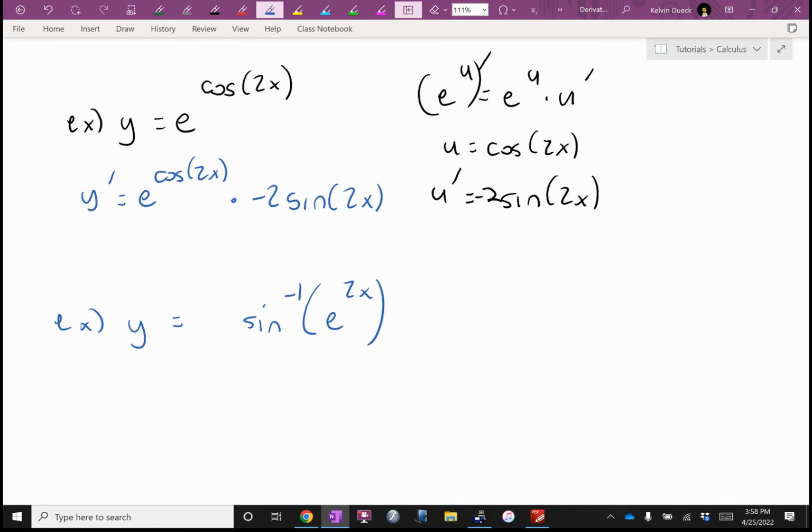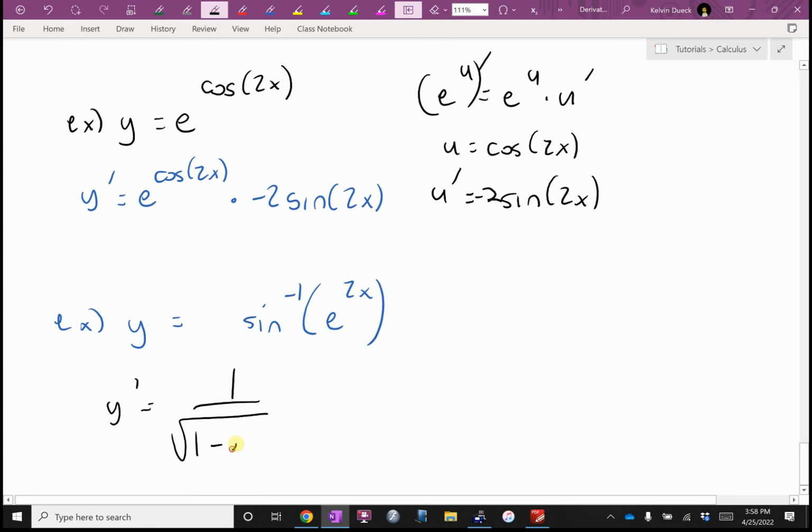Let's see if we can do this in one step without writing anything down. It's 1 over the square root of 1 minus u squared. What's u? E to the 2x.